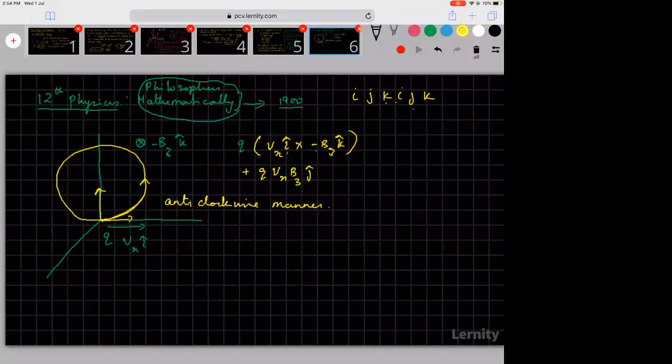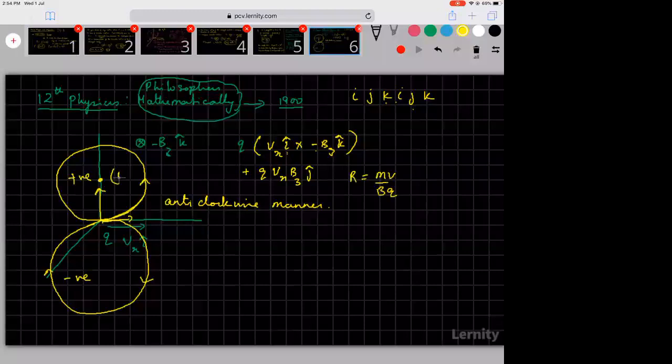If it was a negative charge, the particle will go this way, and it is now going to be in a clockwise manner. So for positive charge, it would be like this. For negative charge, it will be like this. And you already know that radius is equal to mv by Bq. So this will be the center of the circle. Center of the circle will be (0, mv by Bq).